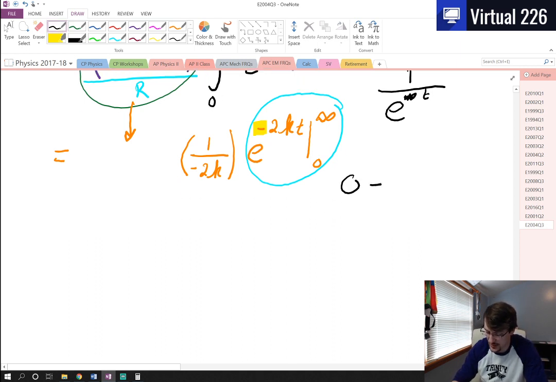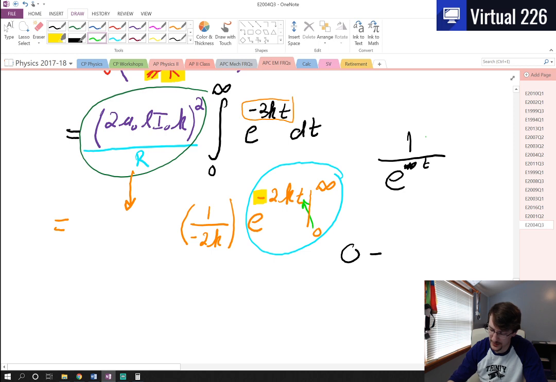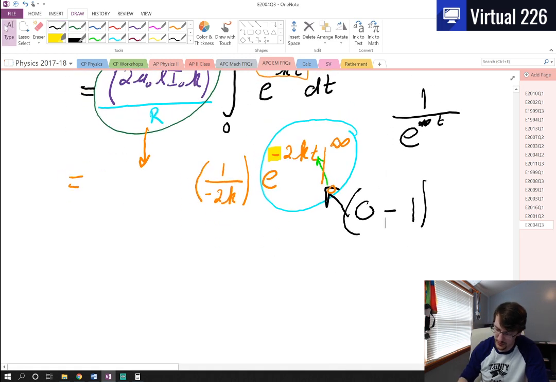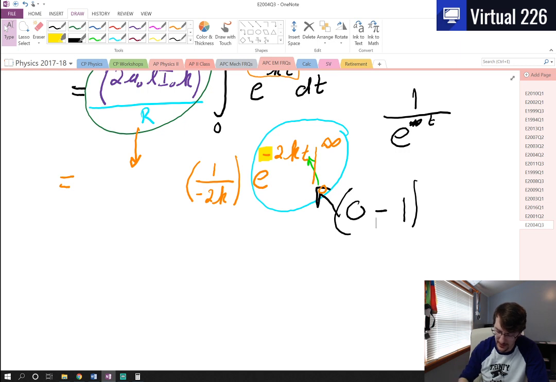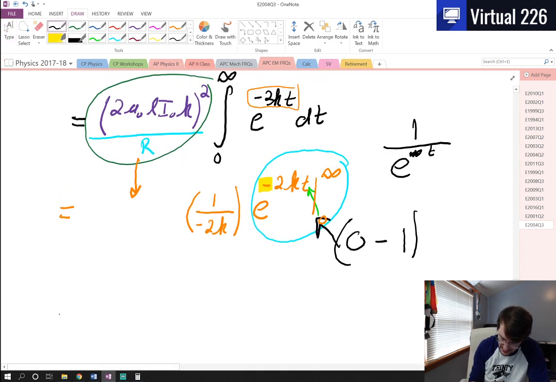Then when I subtract the second value, and I put the bottom in, that is to the 0th power, which is essentially saying 1 over e to the 0, which is 1. So I'm going to get 0 minus 1 for my upper and lower bound term. The 0 doesn't do anything, and I'm just going to get a minus 1, which means I'm going to get some stupidly big constant stuff.